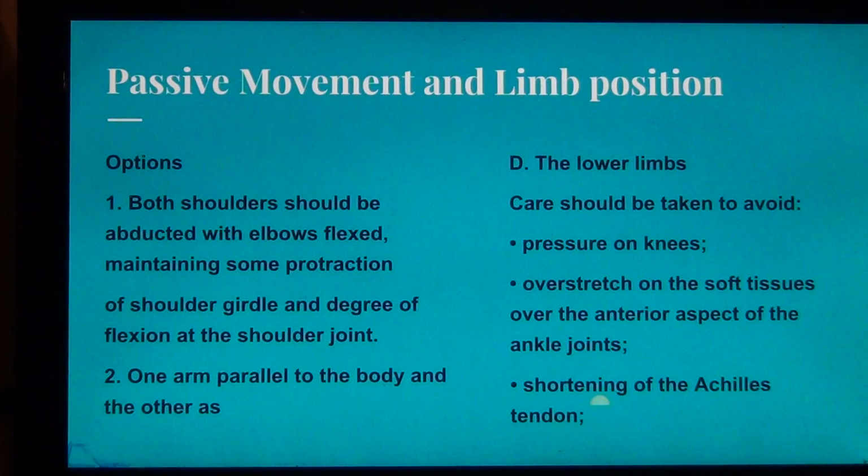Options: both shoulders should be abducted with elbows flexed, maintaining some protraction of the shoulder girdle and a degree of flexion at the shoulder joints, with one arm parallel to the body and the other towards the lower limb. Care should be taken to avoid pressure on the knees, overdistension of soft tissues of the anterior aspects of the ankle joints, and shortening of the Achilles tendon.